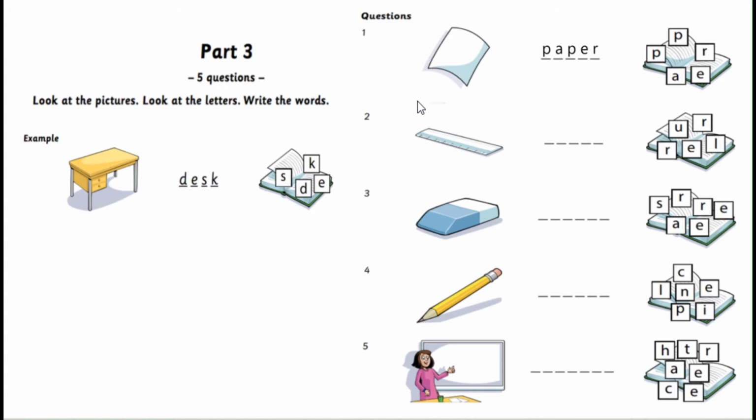Number 2. Look at the picture. What is it? Order the letters. It's a ruler. Wow, it's a ruler. Picture number 2 is ruler.